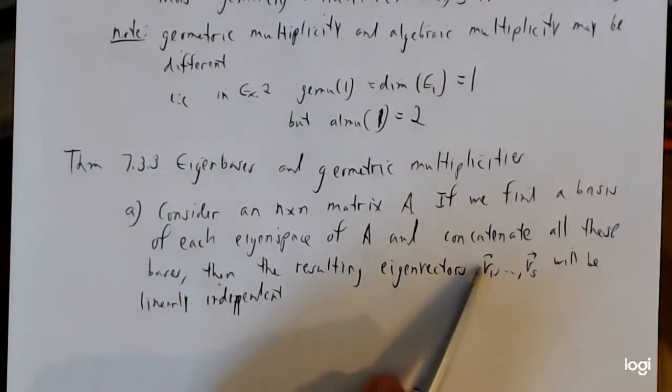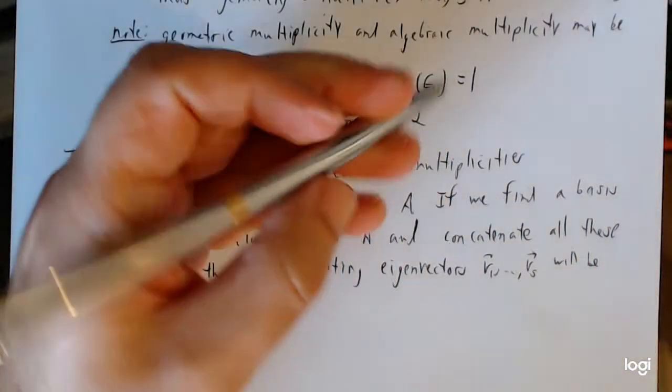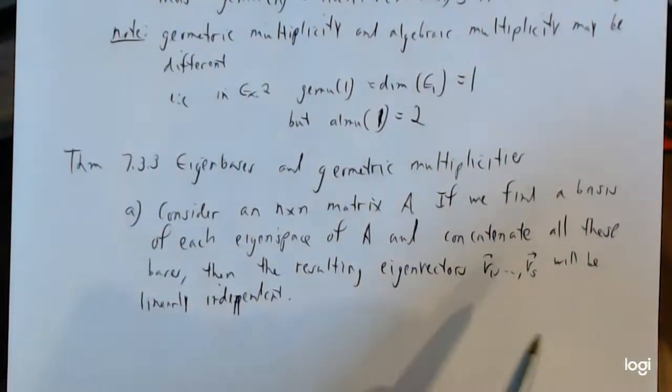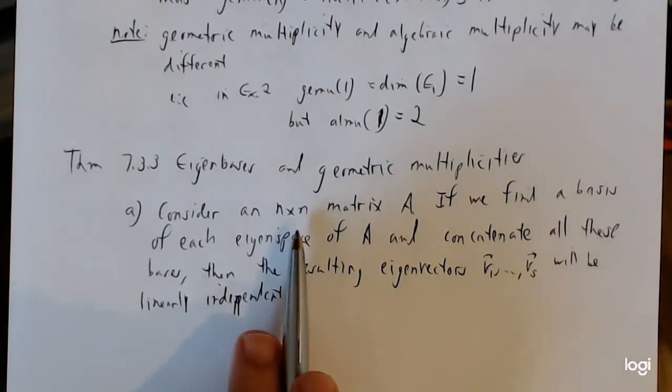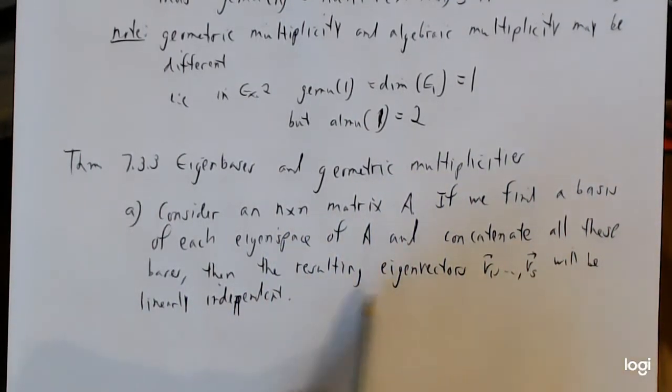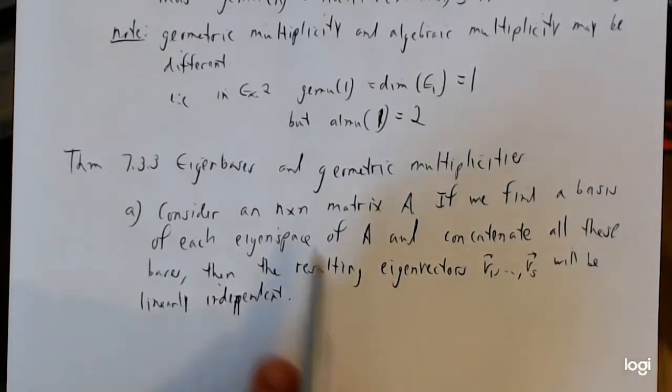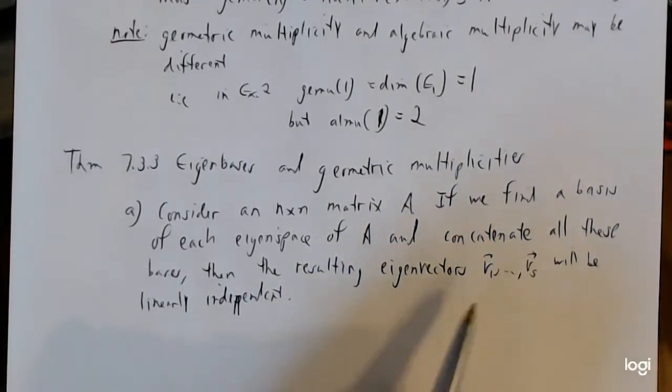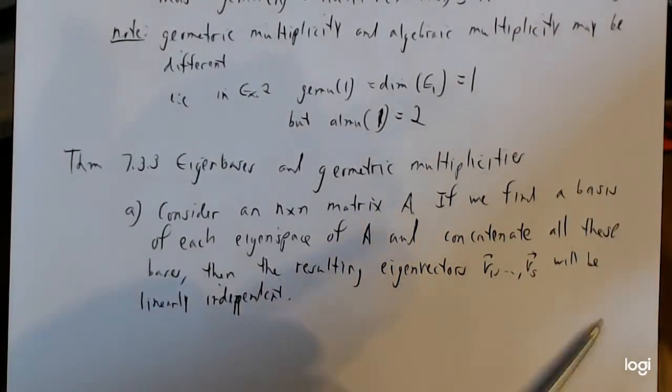And if they're linearly independent, what does that mean? How many vectors would I have? Well, think about it this way. If I have an n by n matrix, s cannot be any larger than n, right? Because if these are all linearly independent, I could have at most n linearly independent. So for example 1, we had exactly 2 linearly independent vectors, and we were in R2, which was the case.